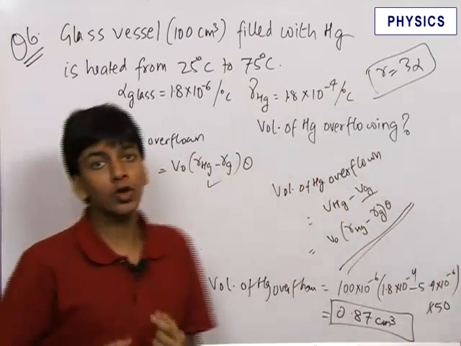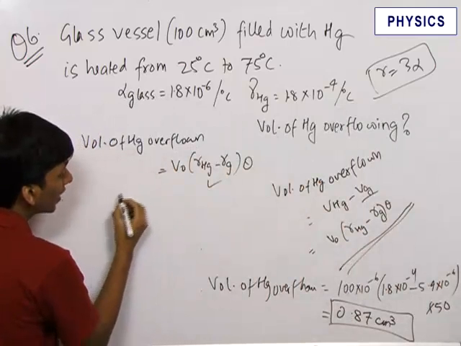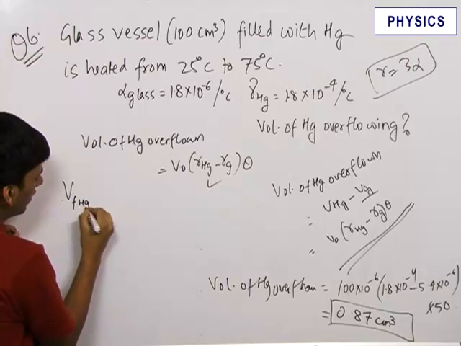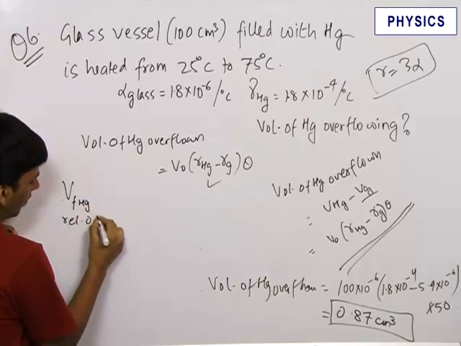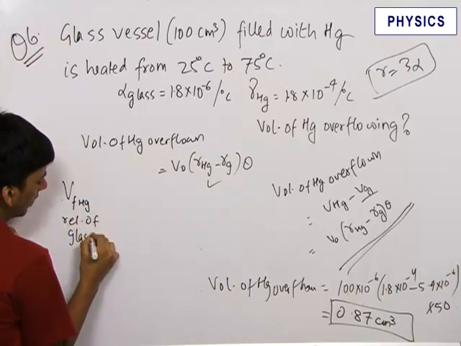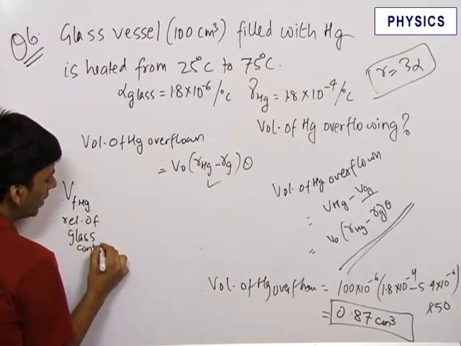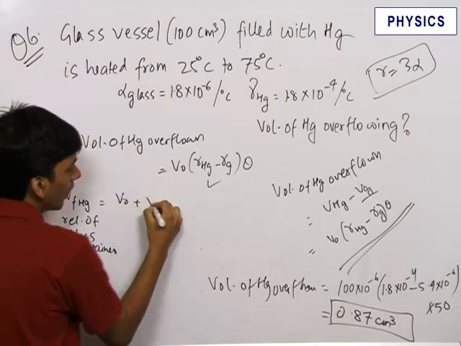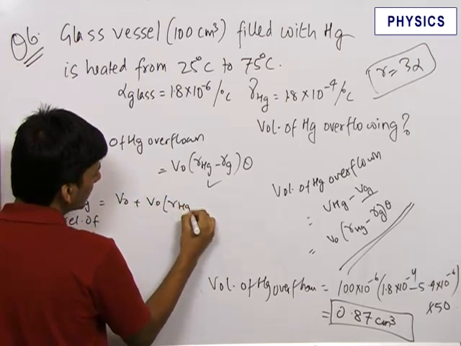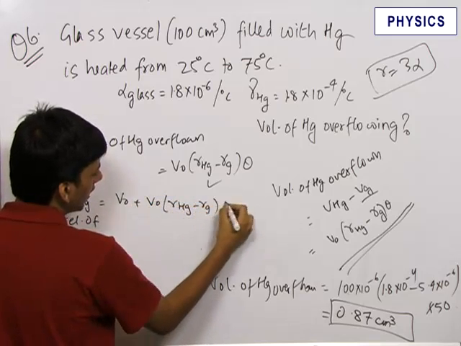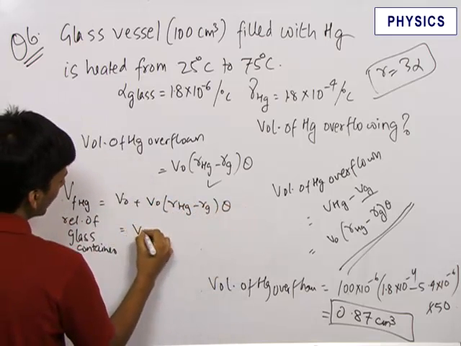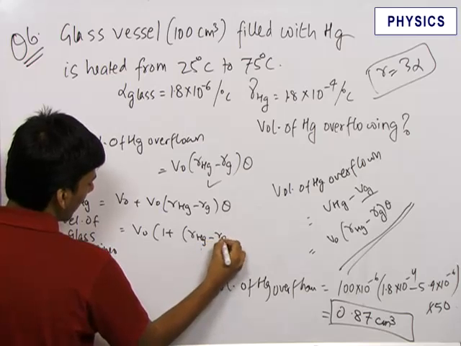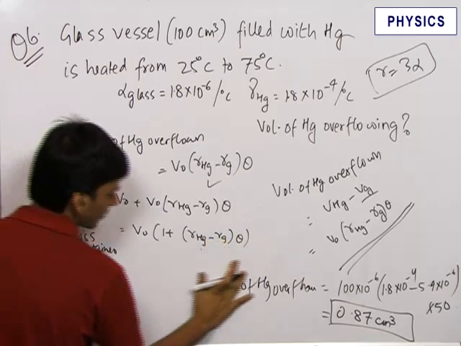So the final volume of the mercury relative to the glass container can be written as V0 plus V0 into gamma Hg minus gamma g into theta. This can be written as V0 into 1 plus gamma Hg minus gamma g into theta.